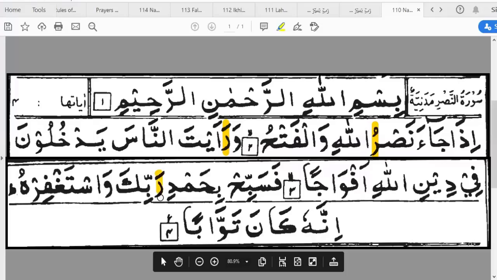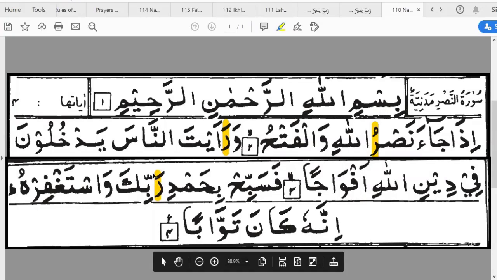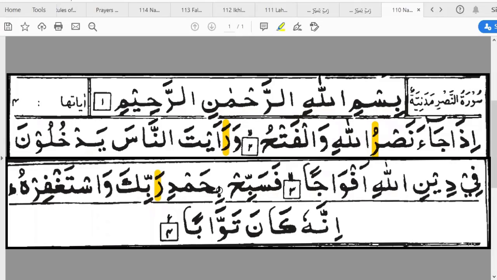Again, another letter Ra with a fatha stroke, so we're going to keep this one thick. These are a few of the letter Ras that you're supposed to keep in mind when you are reciting the surah.